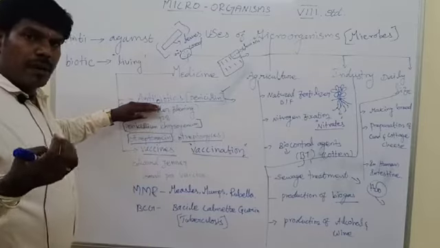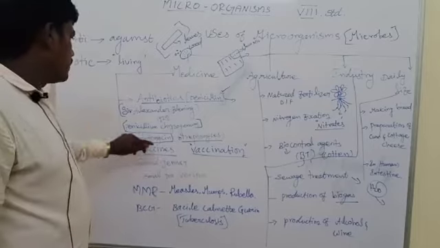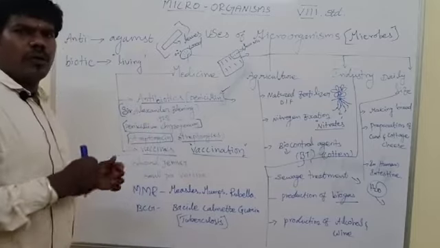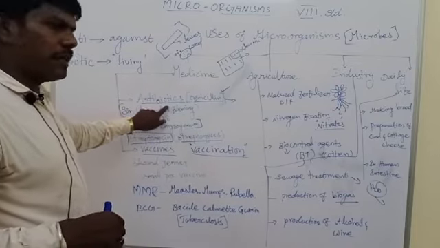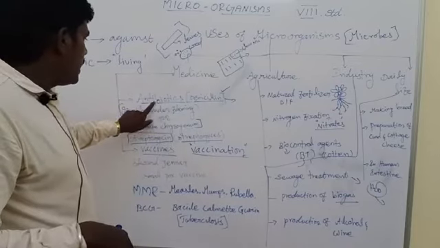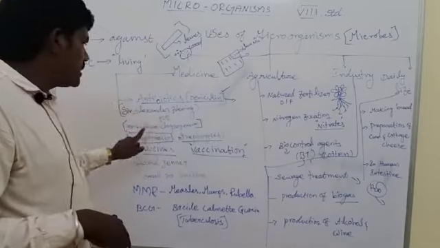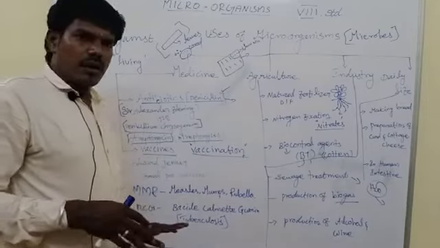Where do we obtain antibiotics and vaccines? Just write microbes. Fungi are also one of the microbes. Antibiotic: anti means against, biotic means living organism. So antibiotic substances are obtained from living organisms, and are toxic to other organisms.